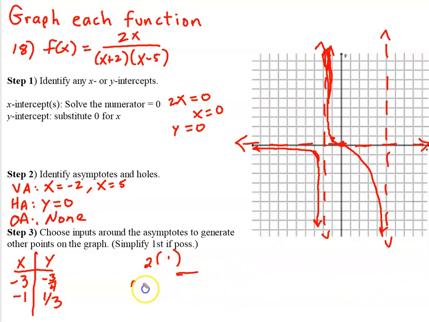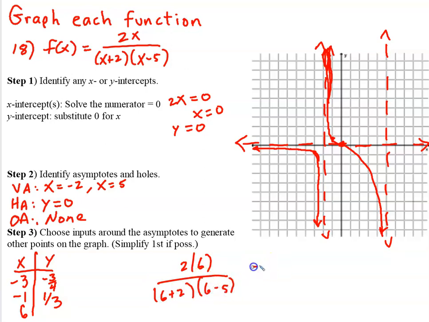And last section, what happens to the right? So let's input the first x that we come to on the right, which would be x equals 6. All right, so if I input 6 in for x, 2 times 6 over 6 plus 2 times 6 minus 5, 12 over 8, which reduces to 3 over 2.